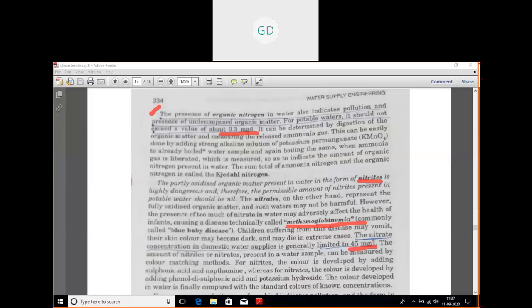The prescribed amount for nitrates is 45 milligram per liter. So this much is about the nitrogen content.